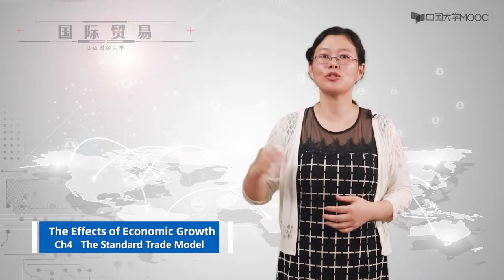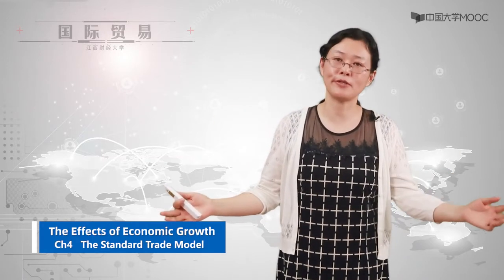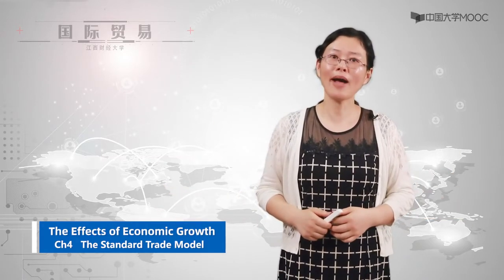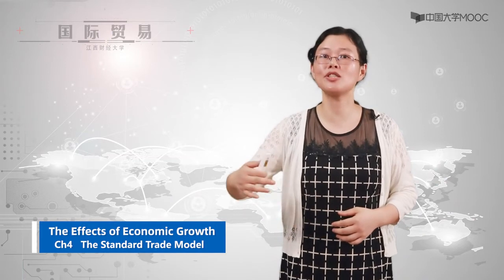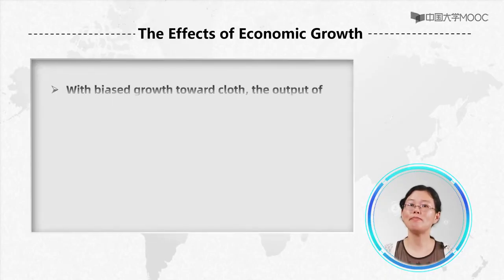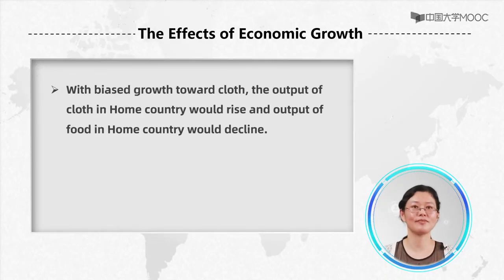Let's move back to the world. Suppose the home country exports crops and imports food. If the home country experiences growth biased toward crops, what will happen to home's terms of trade? With biased growth toward crops, the output of crops in the home country would rise and the output of food in the home country would decline.